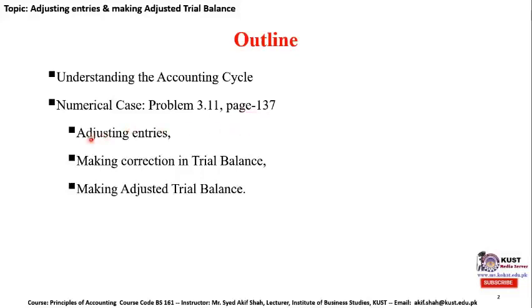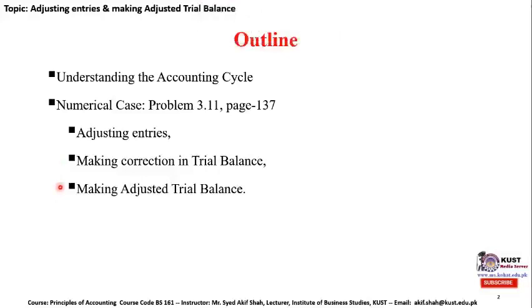In this problem, the specific agenda of the lecture will be to discuss the adjusting entries and then to make correction in the trial balance, and then finally the fourth step is to obtain the adjusted trial balance.